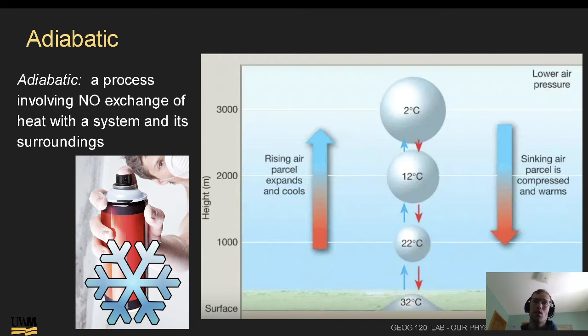Now, going back to a couple labs ago, the humidity concepts. Remember, relative humidity is a measure of the total water holding capacity of air versus how much water is actually in it. So if there's 100% relative humidity, the air is completely saturated.